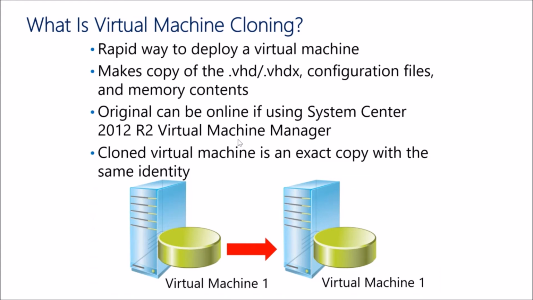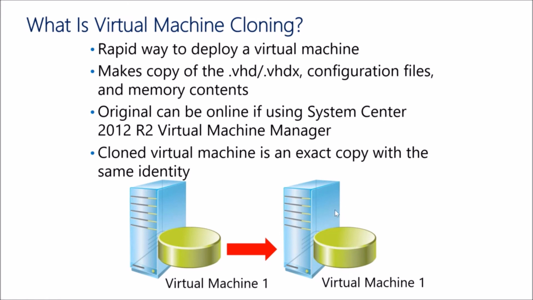So we could have spent hours and hours of work to get virtual machine 1 here to the state it is in now. But through virtual machine cloning, we can create another instance of this within a matter of minutes. And basically, if you think about that, in a matter of minutes, you're just duplicating the work you spent hours and hours doing, possibly in the first instance. So it's a rapid way of deploying a new virtual machine.